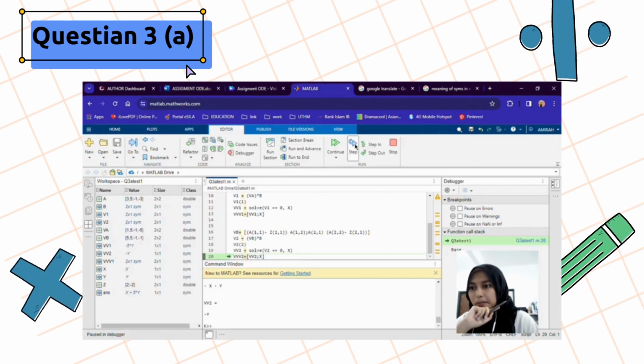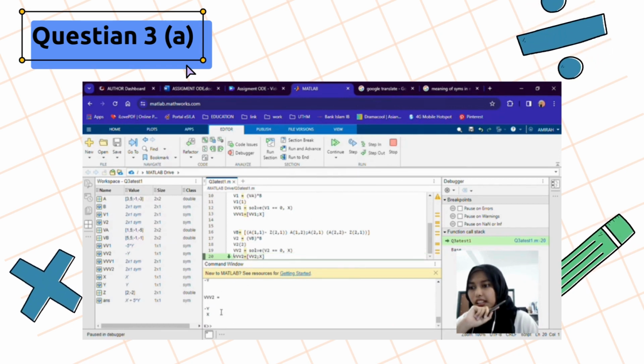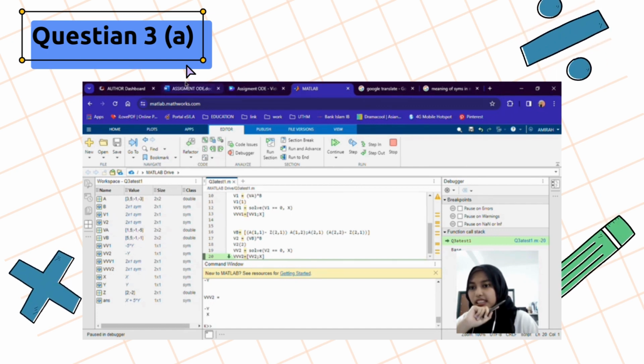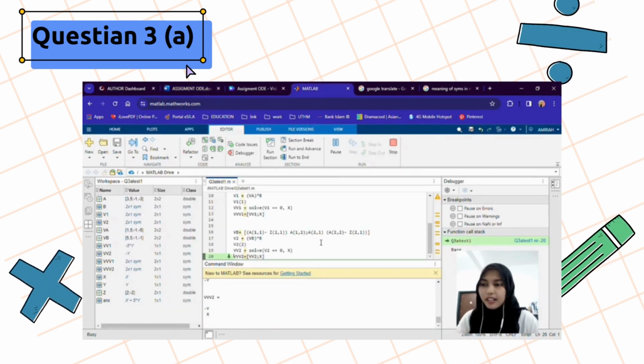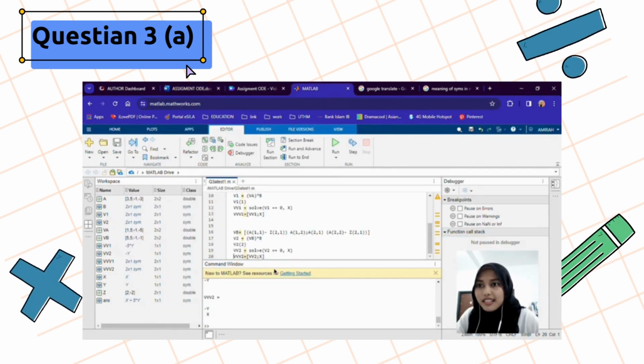And then for the last step, we got the matrix value for v2, negative y and x, just like my answer here. So that is the end of my explanation.